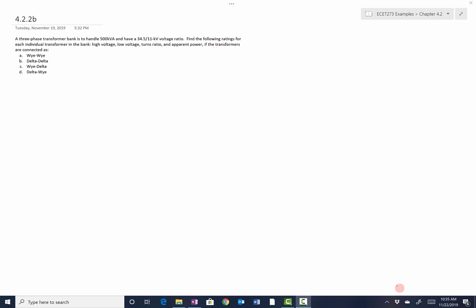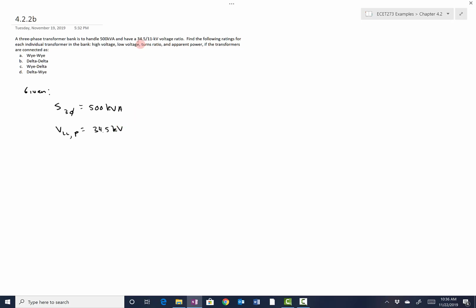So what we were given from the problem statement is, first we were told that the bank needs to handle 500 kVA. Remember, that's a three-phase rating, so the three-phase apparent power is 500 kVA, and it wants to have a voltage ratio of 34.5 to 11. So what that's saying is that the line-to-line voltage on the primary side needs to be 34.5 kV.